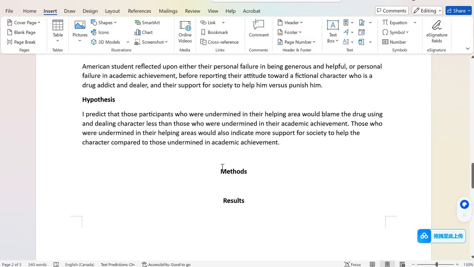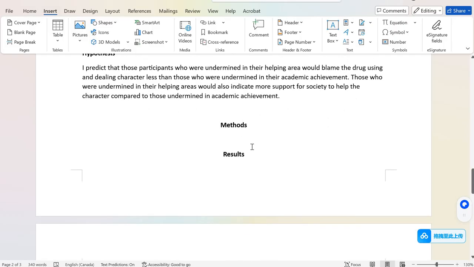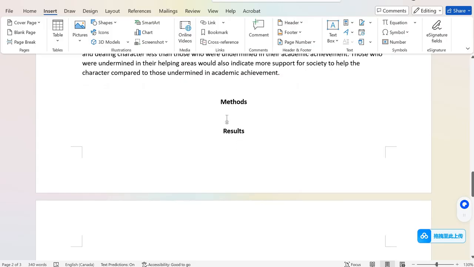Write in your own words. Don't use these words because these are my writing. You've got to express your own ideas.